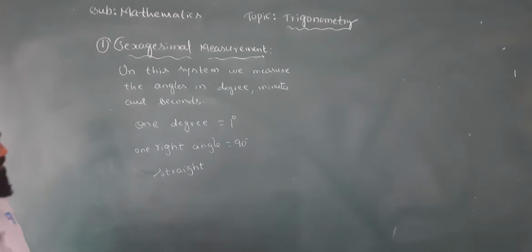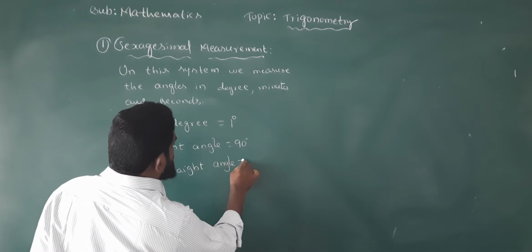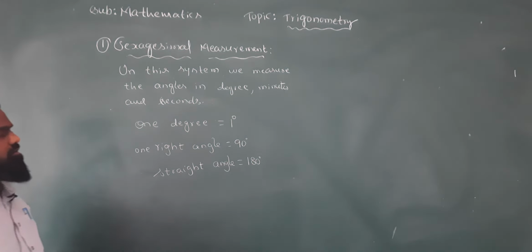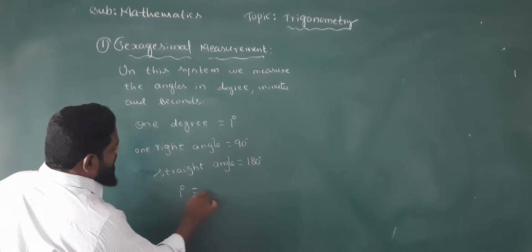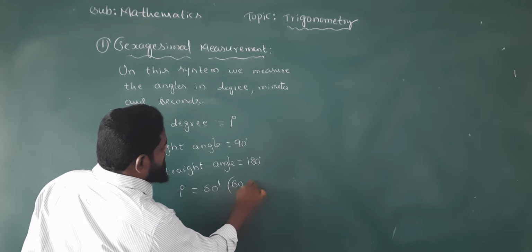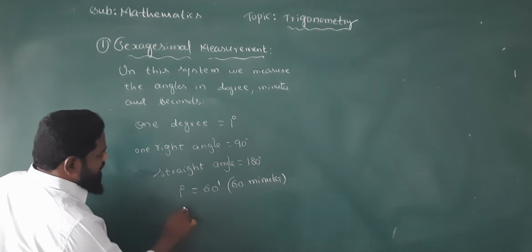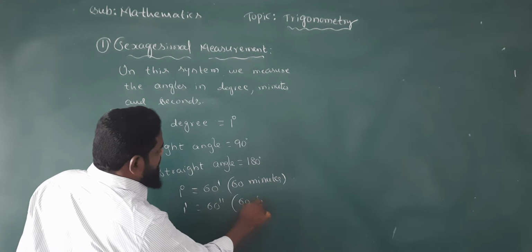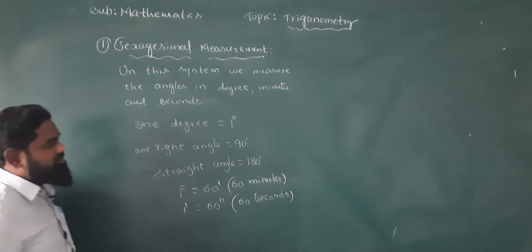Understand? Straight angle equals 180 degrees. We can define it like this. One more thing, 1 degree equals 60 minutes, where 1 dash represents minutes. 1 minute equals 60 seconds, where 2 dashes represent seconds.